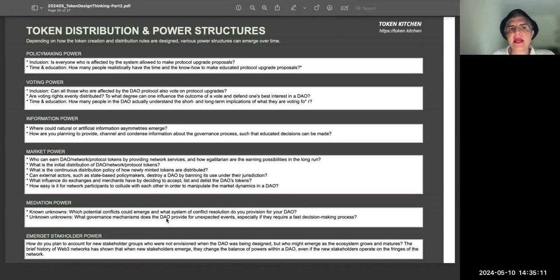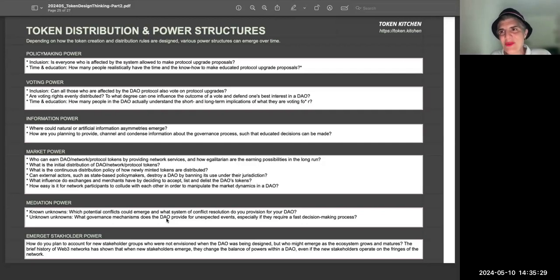So who has policy-making power? There are different types of power structures: policy-making power, voting power, information power, market power, mediation power, and the power that stays completely, I call them emergent stakeholders.